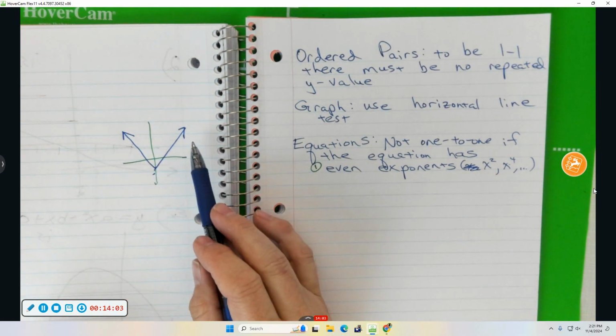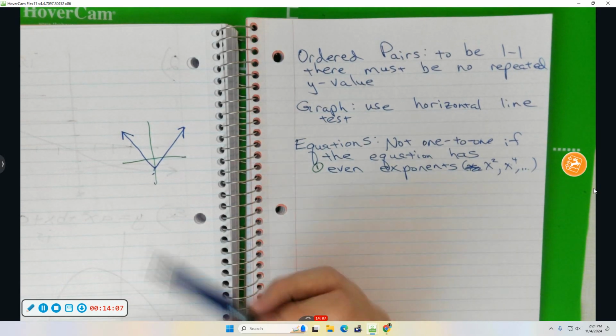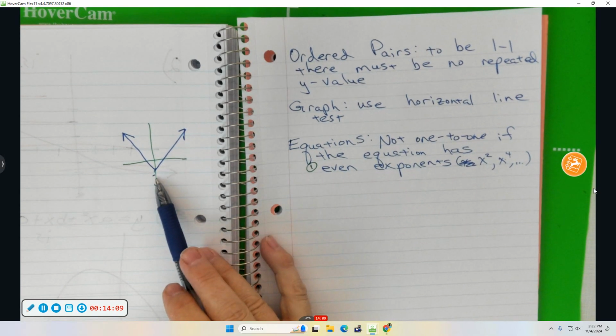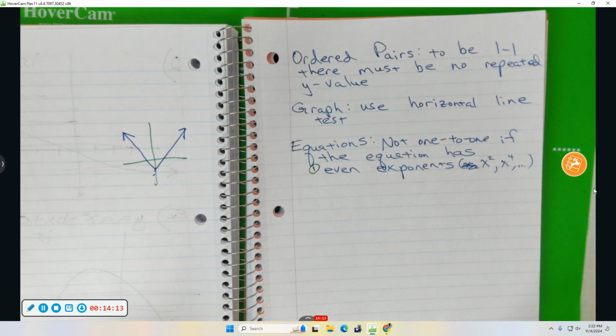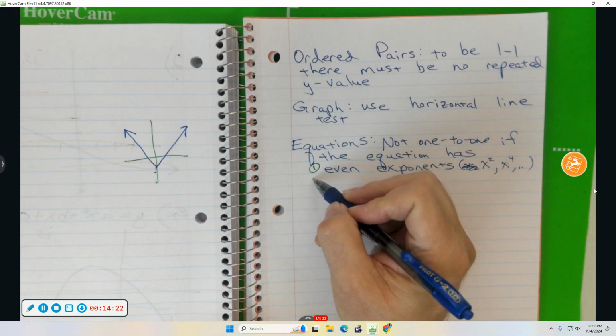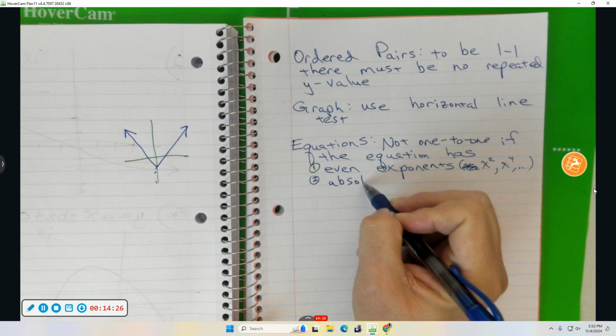A parabola is a U-shape, but an absolute value is a V-shaped figure. Would that thing be one-to-one? It doesn't matter whether the stuff inside the absolute value bars is positive or negative. Once you take the absolute value, it's going to become positive. So that's another thing. If you have an equation with absolute values, it's not one-to-one.